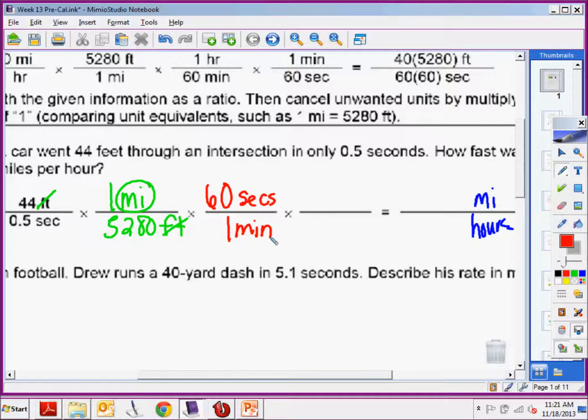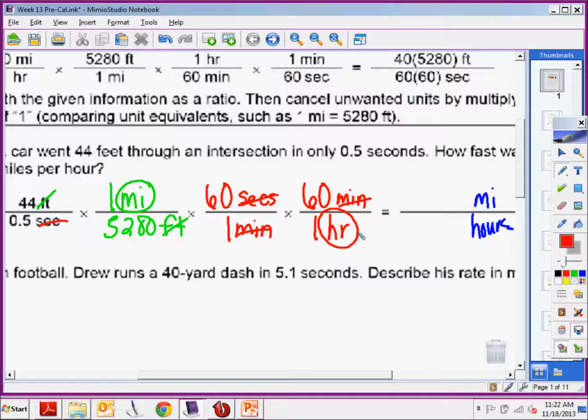All right, so now I've canceled out seconds. Now, how can I go from minutes to hours? What's the relationship? There's 60 minutes in 1 hour. Now I cancel out my minutes. Are the measurements left standing the ones I needed? Yes, my units are miles and hours.